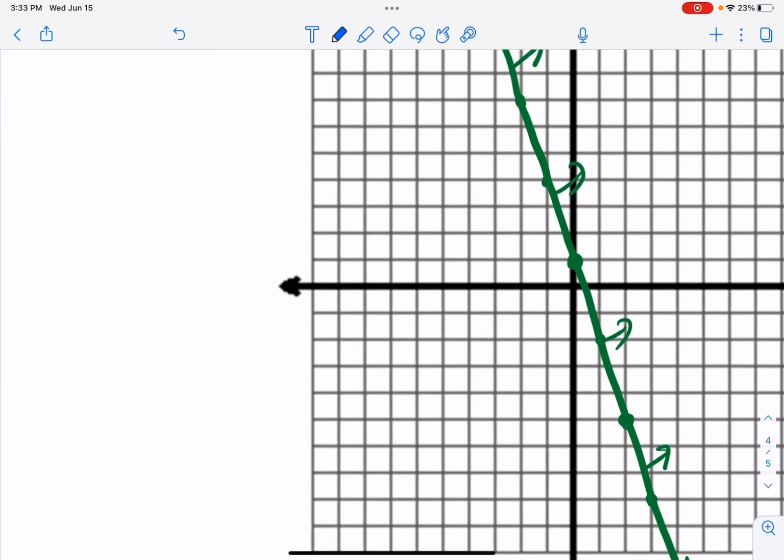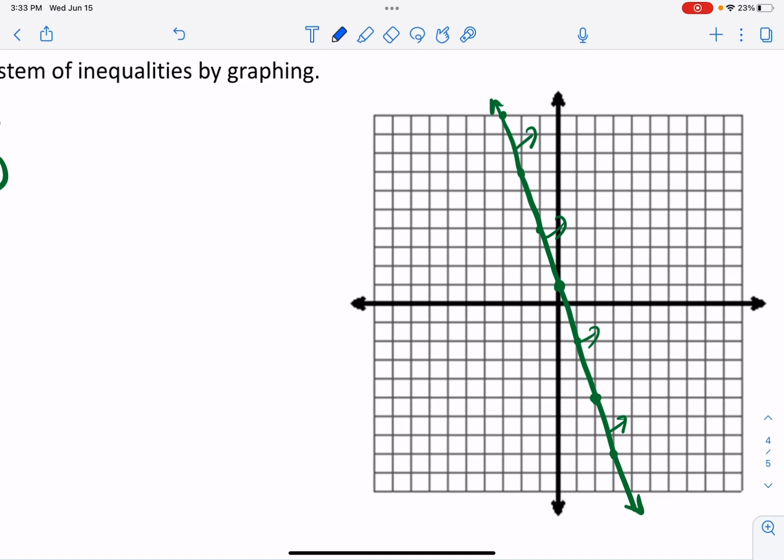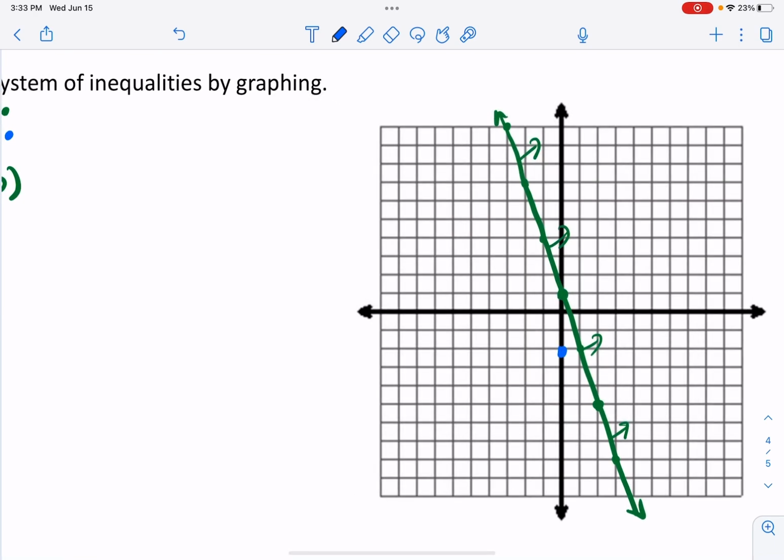-3x minus 2. So minus 2. -3. Down 1, 2, 3 over 1.